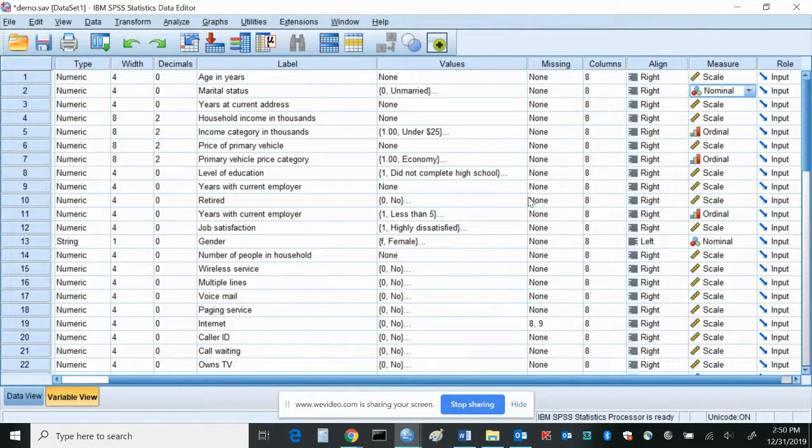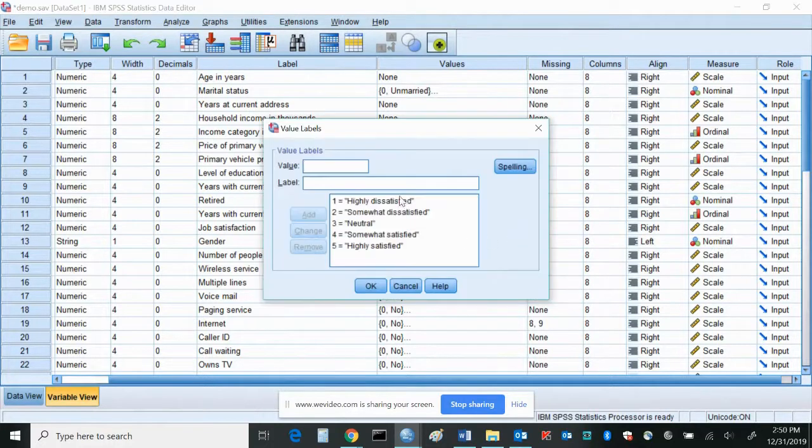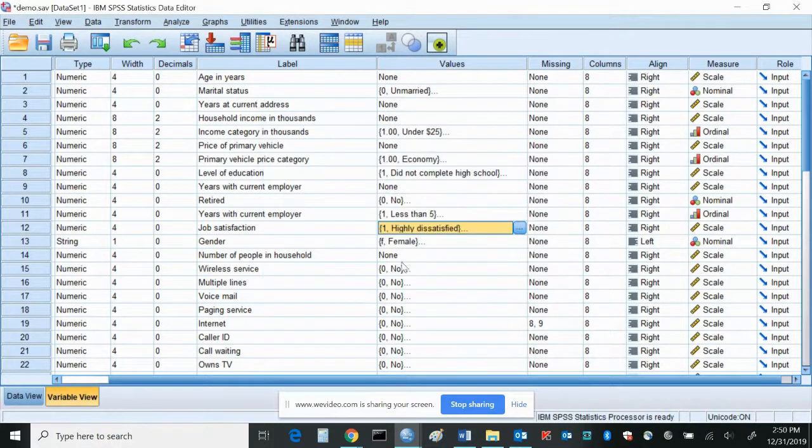Retired is a no or yes, so it is in fact a nominal measure as well. And job satisfaction looks like it is an ordinal measure. And all of these wireless ones are in fact nominal because they're yes, no.